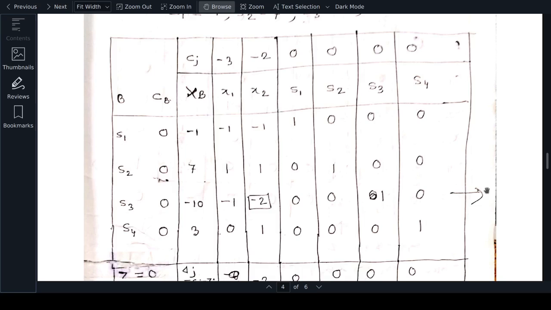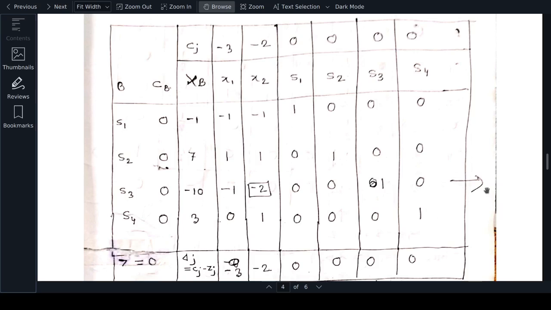So the remaining x1 and x2 we consider 0. If x1, x2 equal to 0, then s1 equal to -1, s2 equal to 7, s3 equal to -10, s4 equal to 3. Next you make the table.